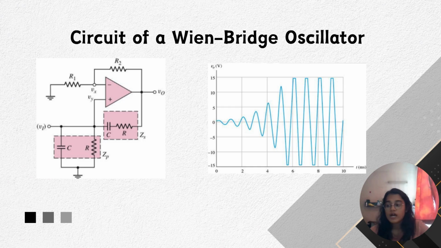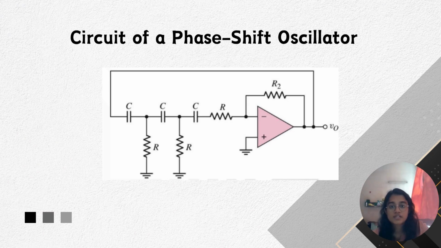If we want an oscillator with more than 1 megahertz, we need to design an LC oscillator, more specifically maybe a Hartley oscillator, which can adapt to more than 1 megahertz of frequency. This is the circuit of a phase shift oscillator. The phase shift oscillator utilizes three RC circuits to provide a 180-degree phase shift that, when coupled with 180 degrees from the op-amp itself, provides the necessary feedback to sustain oscillations.